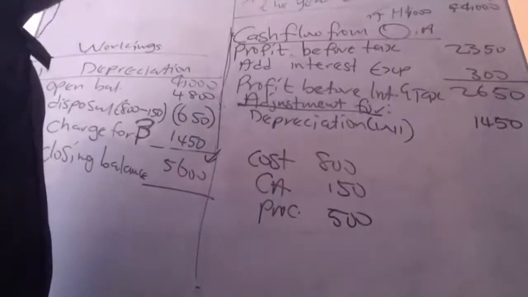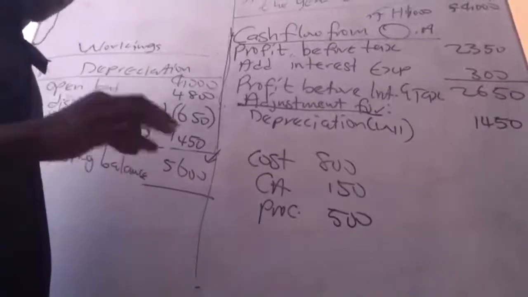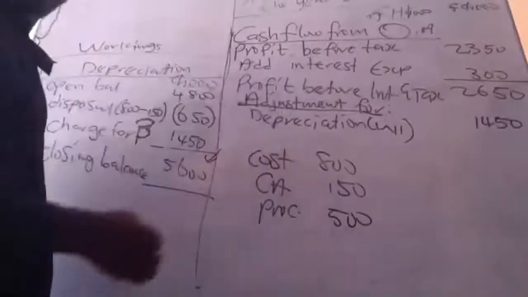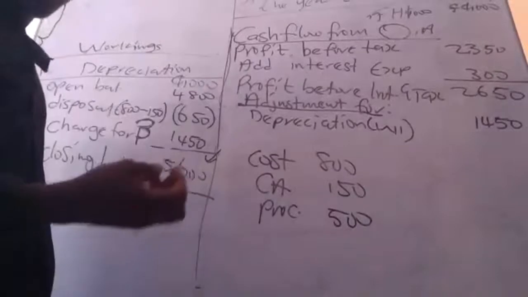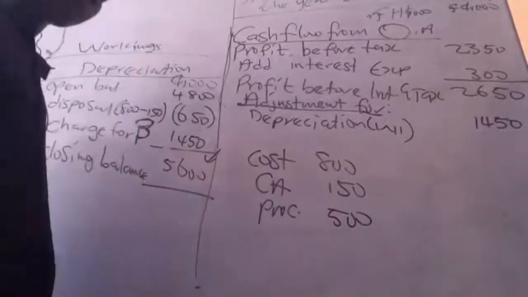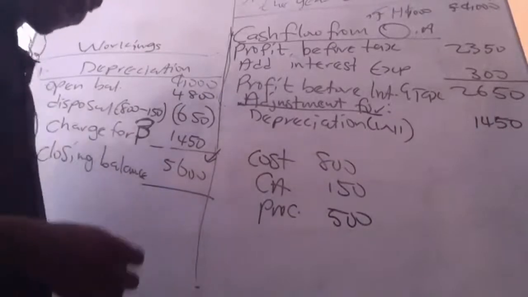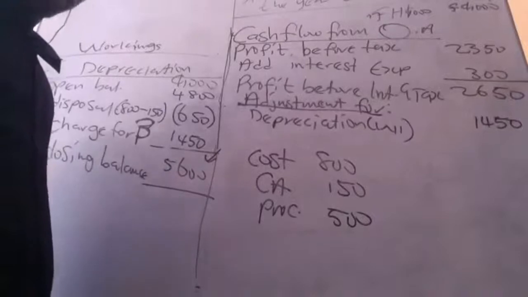You reverse it. So that is it. It's coming from the profit and loss principle. Whatever we did under the profit and loss is still valid here. Whatever they've done, that's the same way we have to reverse it.